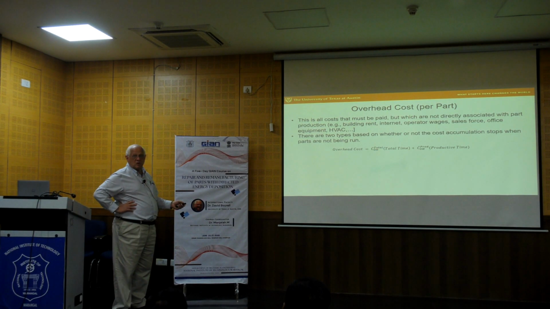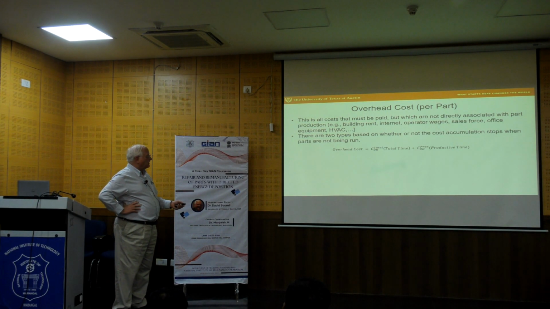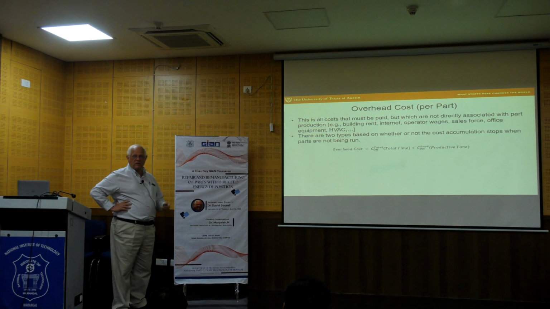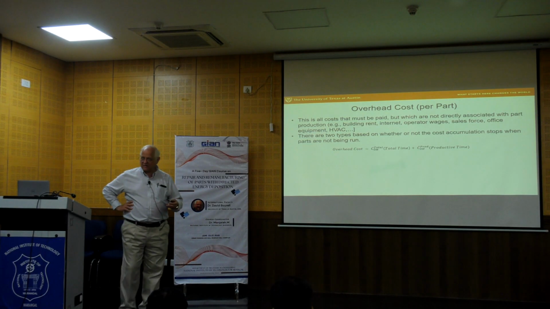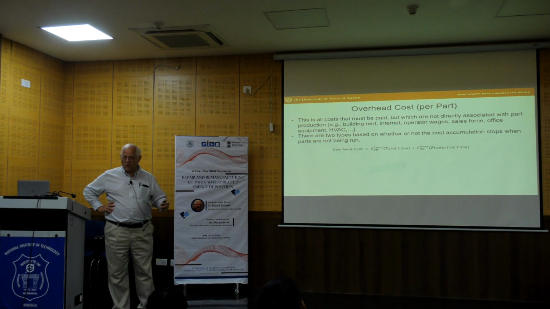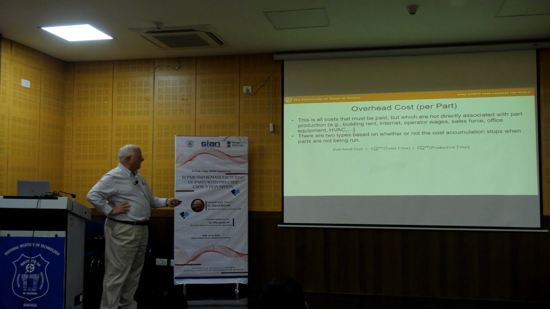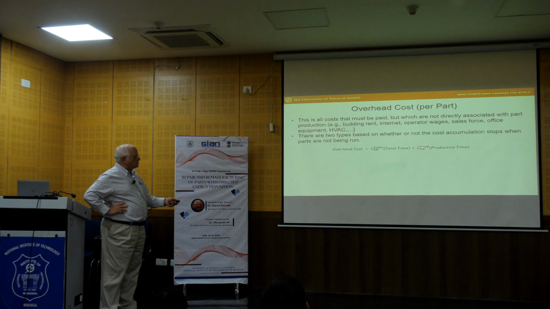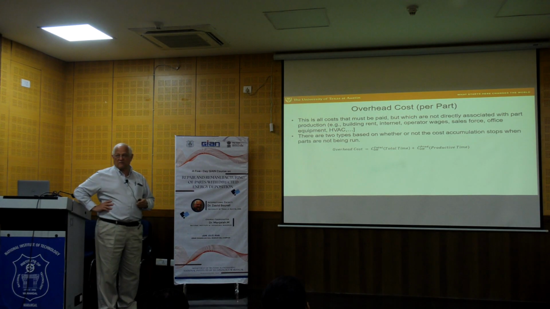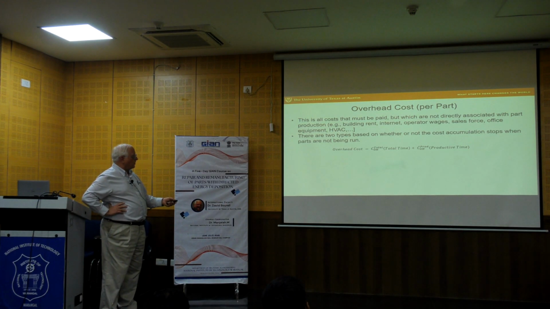This is a rate, so many dollars per hour, times the total time, where this would be all of the overhead cost factors that continue no matter what, whether the machine's running or not. And then I also have an overhead cost rate, so many dollars per hour, multiplied by the productive time. And so this term goes to zero when we stop working.